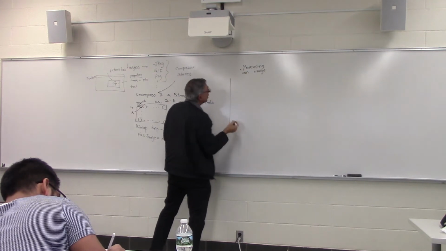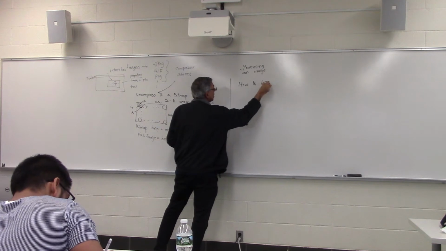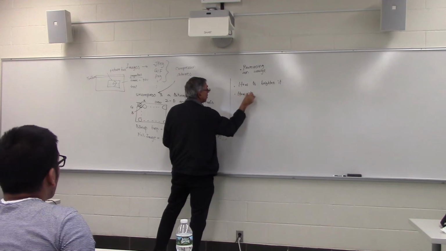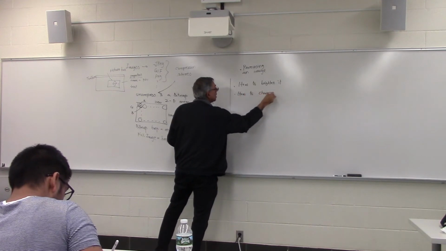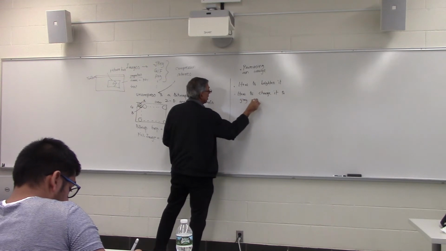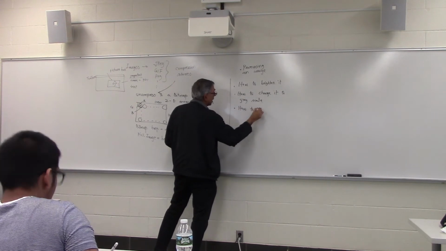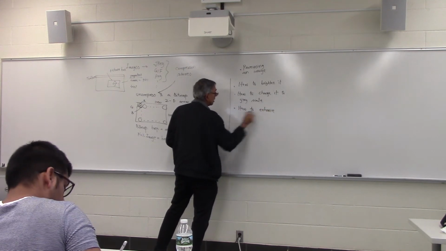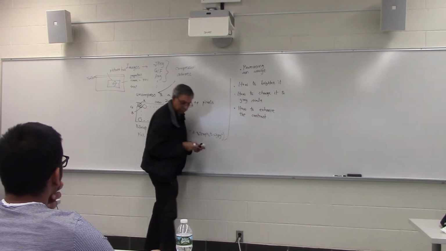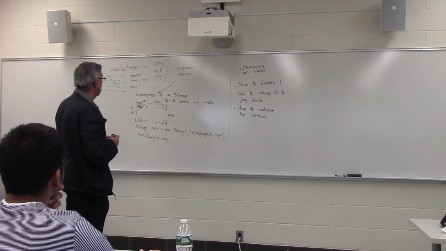We looked at how to brighten it, how to change it to grayscale, and also how to enhance the contrast. And let me briefly refresh your memory for the 3 concepts we covered in the last lecture.